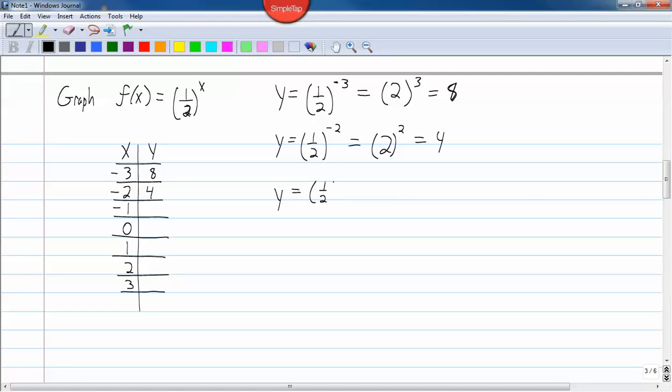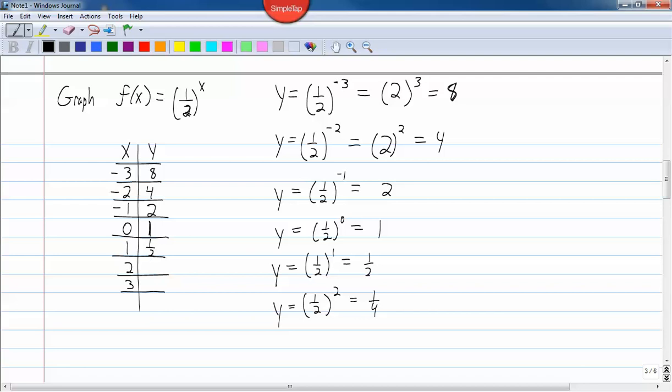Plug in a -1: 1/2 to the -1 power, flip, and you get 2 to the first power, or just 2. 1/2 to the 0 power is just 1. 1/2 to the first power is just 1/2. 1/2 to the second power means 1/2 times 1/2, or 1/4. 1/2 to the third power, 1/2 times 1/2 times 1/2, that's 1/8.